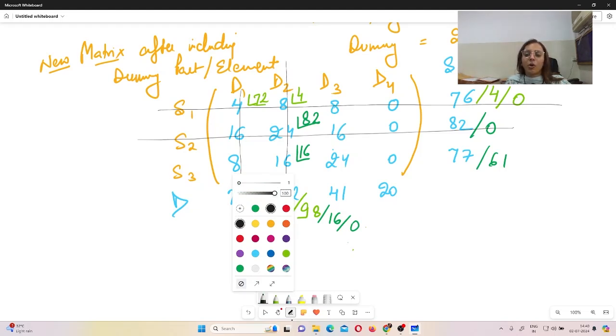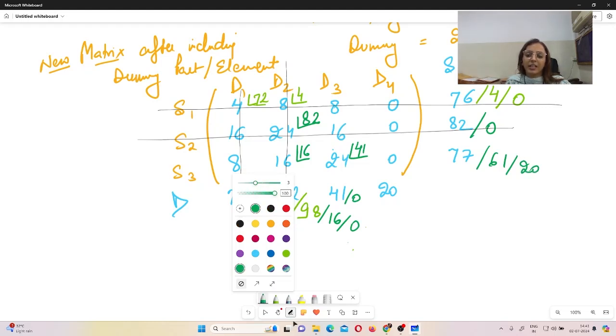Now we see the allocation given to D3, the north corner, that is 24. How much can we give here? 41 is the demand and 61 is available, so the maximum we can give is 41, and the remaining balance over here is 0, and 61 minus 41 will be 20.